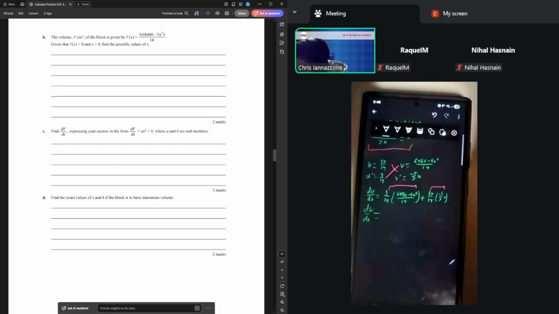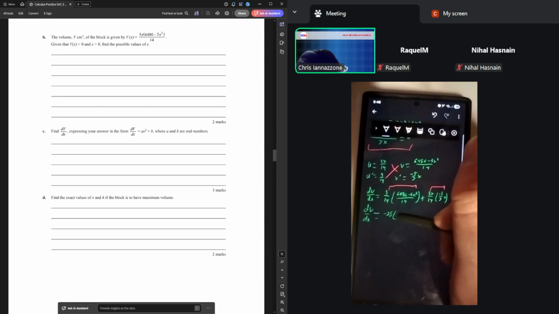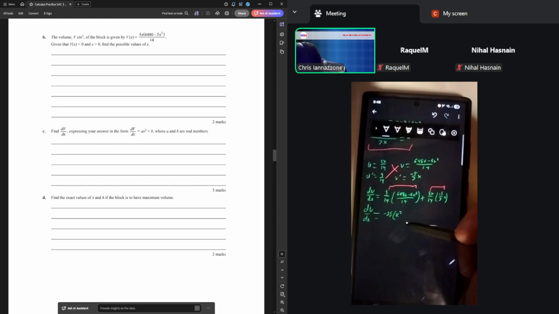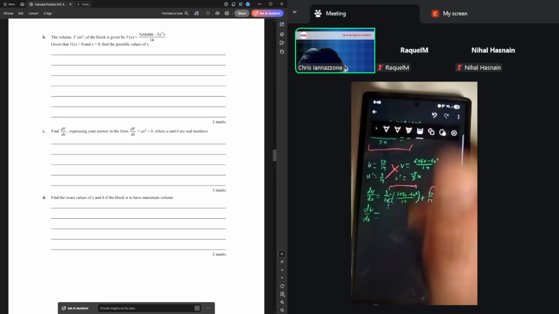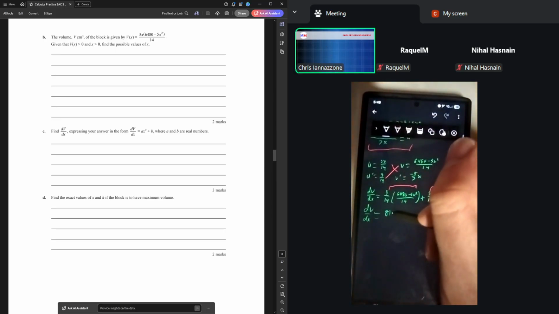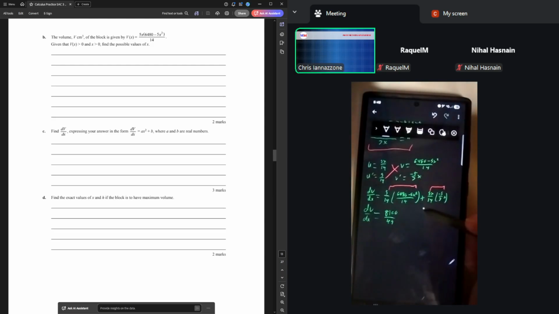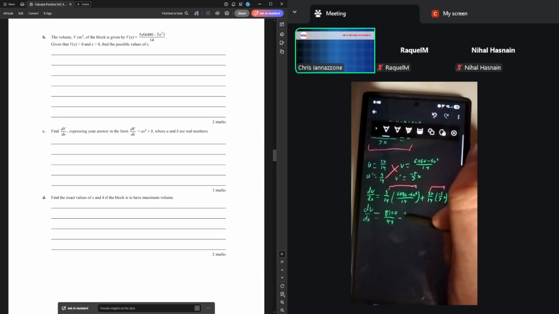dv dx equals minus 25 bracket x squared minus, well, maybe we wouldn't do that one actually, we'd expand that out. I'll just quickly CAS expand it. Menu 33. So that term actually ends up being 8100 on 49 minus 25x squared on 196.